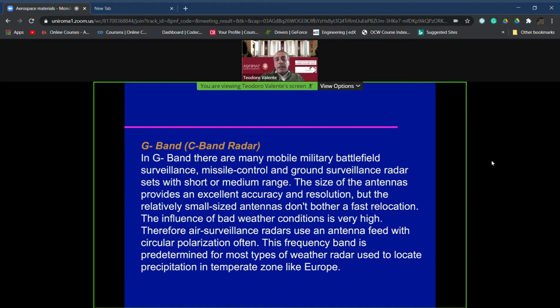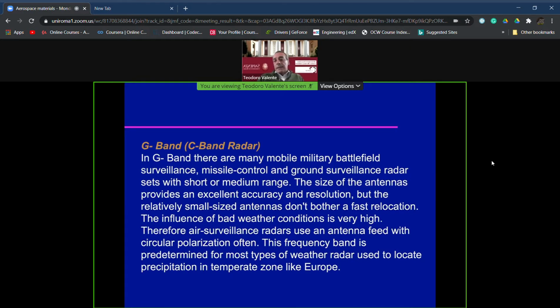In this case, it has been observed that weather, and especially bad weather, has an impact which cannot be neglected. So there are some other traits located in the electronic expertise, for which air surveillance radars also use an antenna field with circular polarization.